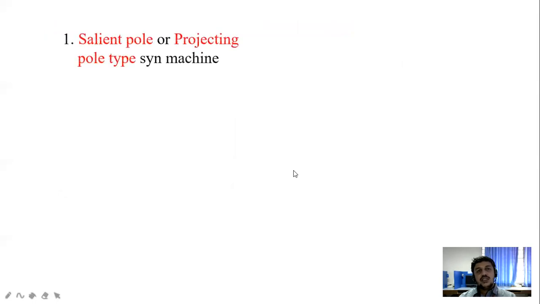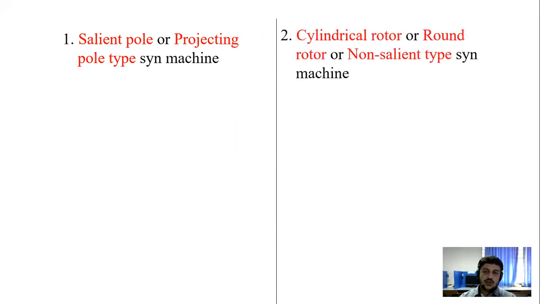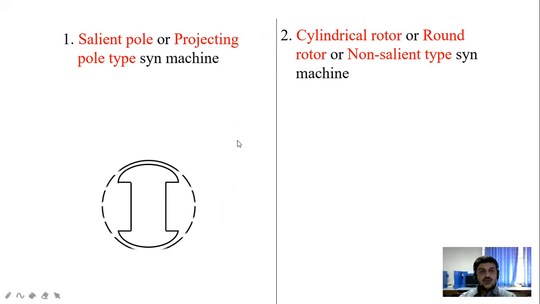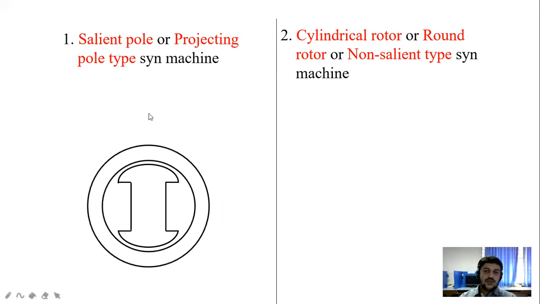Now let us see some differences between these two structures, the salient pole type synchronous machine and the cylindrical rotor type synchronous machine. This is the cross section view of a salient pole machine. These are two poles, so it is a two pole salient pole machine, and the rotor is a salient pole rotor.